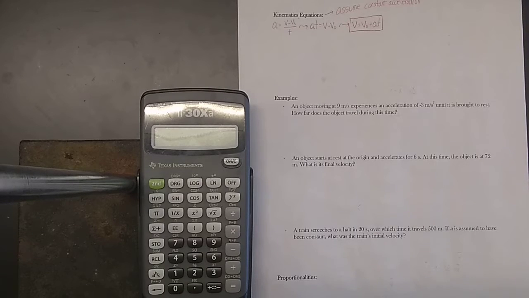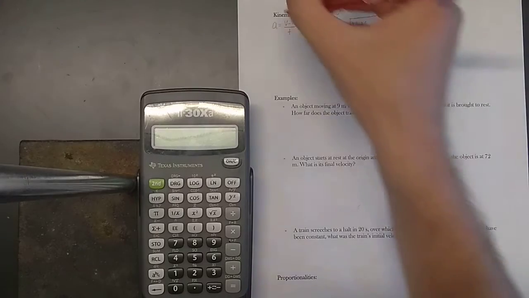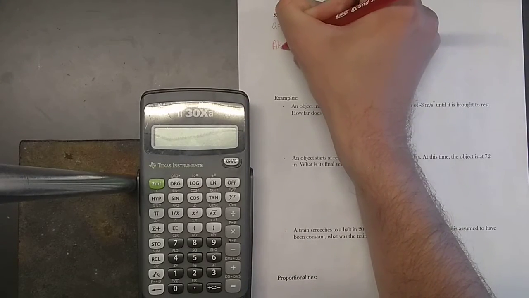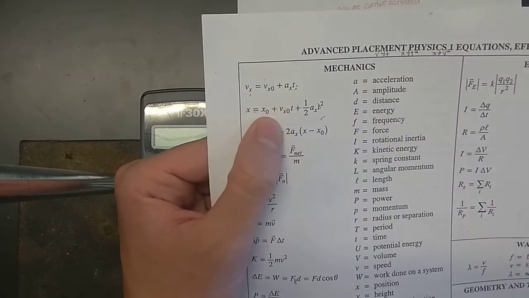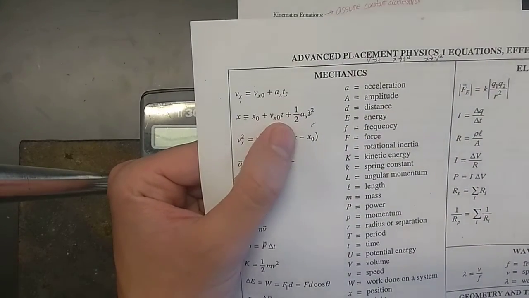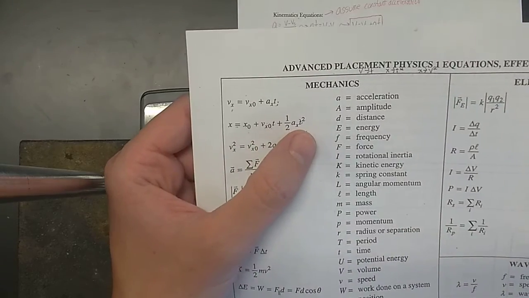Another equation that we have is the next one down, and in class hopefully I'll have some time and I'll show you exactly where this equation comes from. The next equation down is this one: x equals x naught plus v naught t plus 1/2 a t squared.